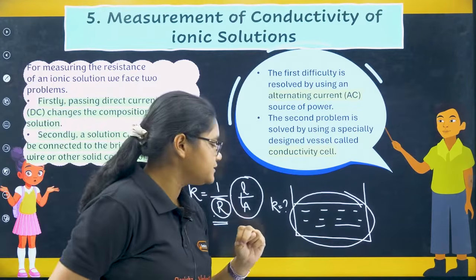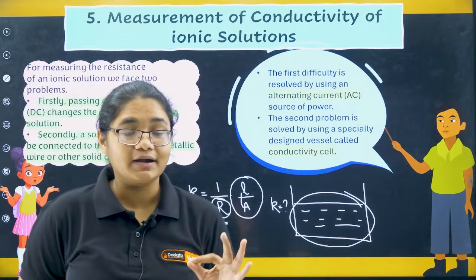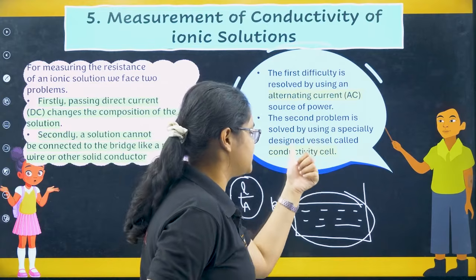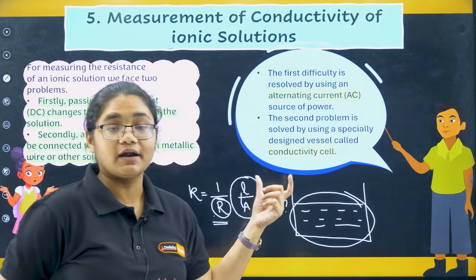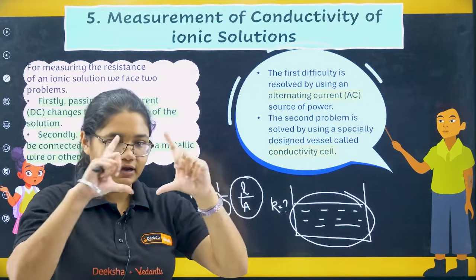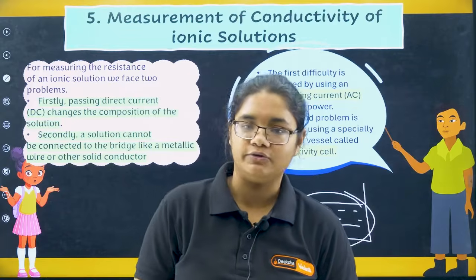The second one is solved by using a specially designed vessel called a conductivity cell. You pour your electrolyte into the conductivity cell, which is connected in the Wheatstone bridge, and then you can calculate its resistance.